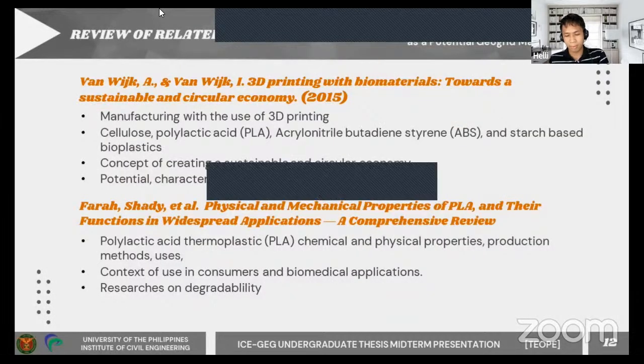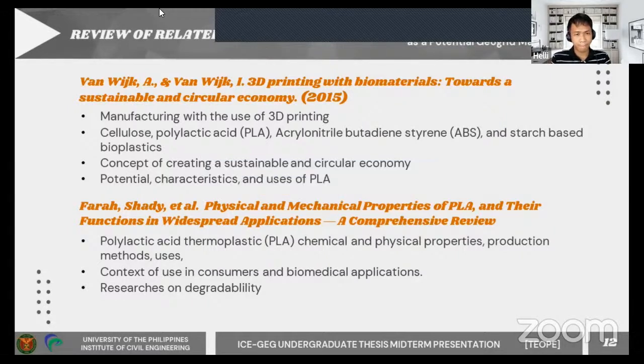The related literature includes a book entitled 3D Printing with Biomaterials: Towards a Sustainable and Circular Economy, which presents the possibility of using polylactic acid for engineering purposes and describes the potential, characteristics, and uses of PLA. Another is a research by Farah, which shows the physical and mechanical properties of PLA along with its functions and would be used to analyze the PLA geogrids after the testing.